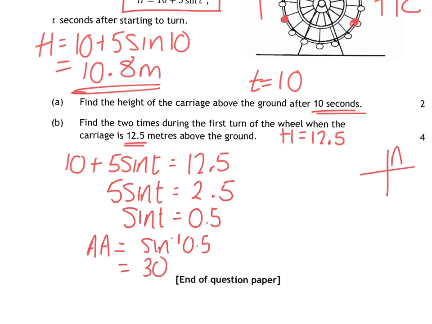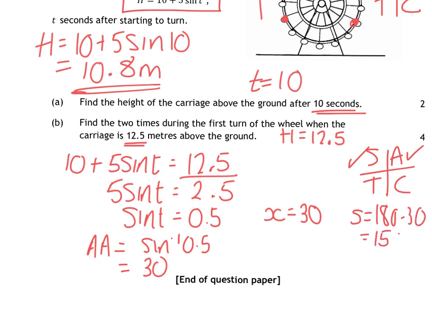Now our equation was positive. We were looking for positive 12.5, so we are using all in sine. So your all box answer was 30, and your sine one was 180 minus 30, which is 150. So your answer is after 30 seconds and 150 seconds.